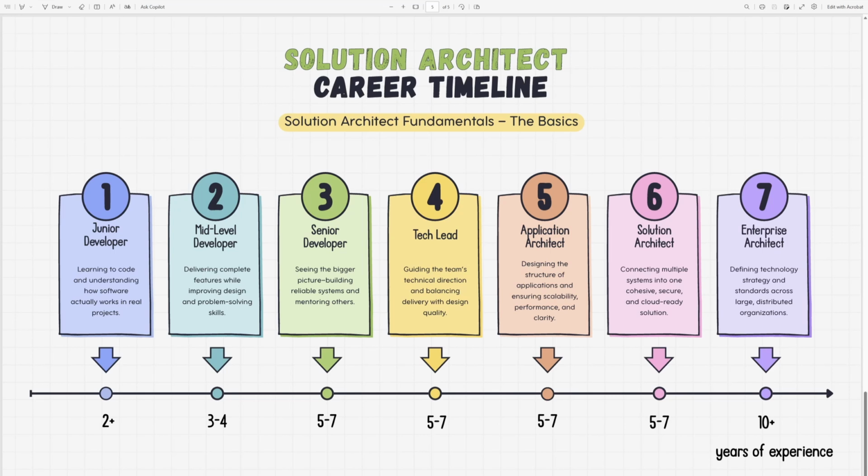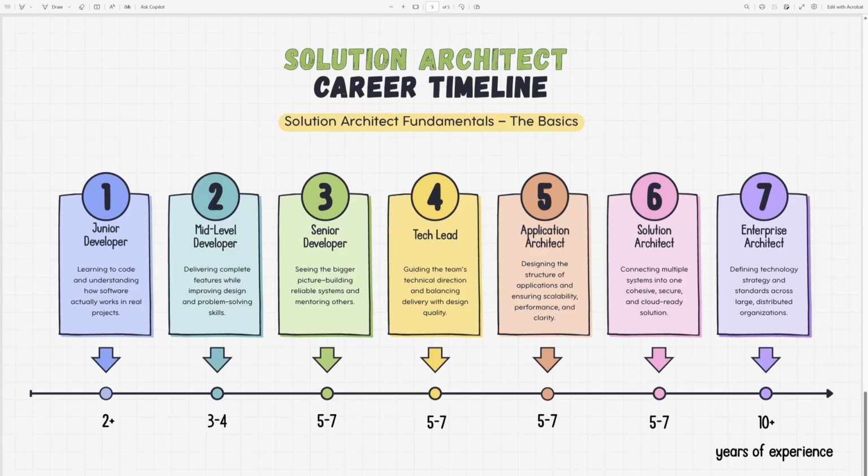Before we dive into this slide, I just want to say this up front. This timeline isn't a hard rule or something you find in a certification guide. It's simply based on my own experience, what I've seen in real organizations across different teams and throughout my own career journey. The number of years here is just a rough guide.